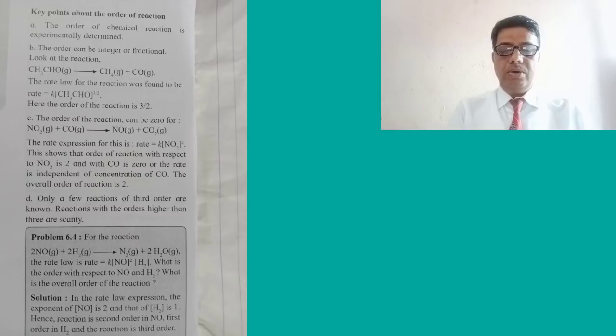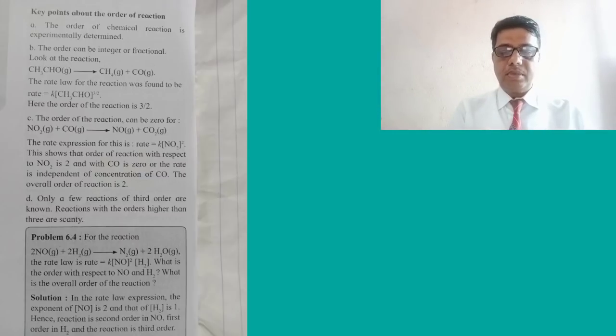So what is the order with respect to NO and hydrogen? Here we calculate the order of the reaction with respect to concentration of NO and concentration of hydrogen. And second, what is the overall order of the reaction?